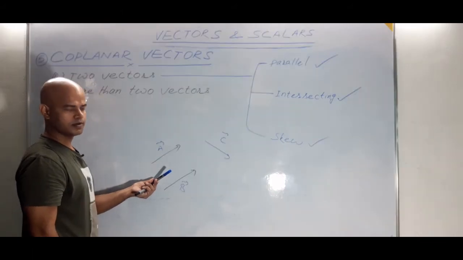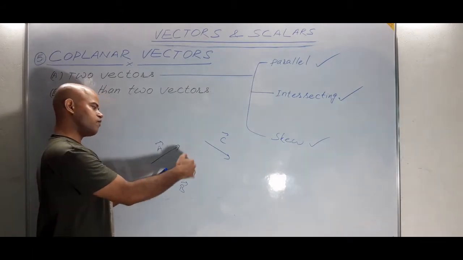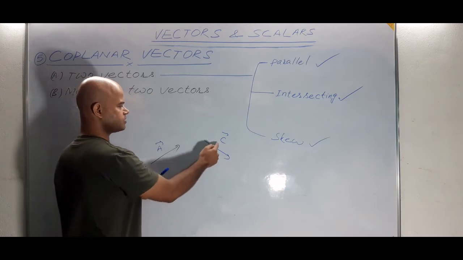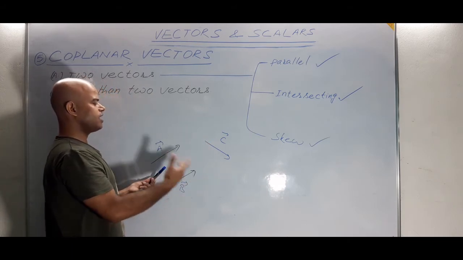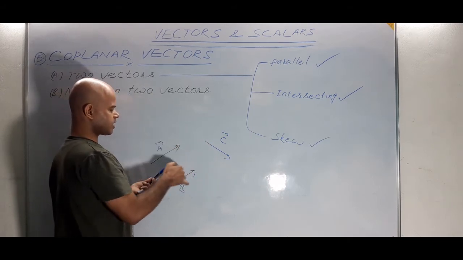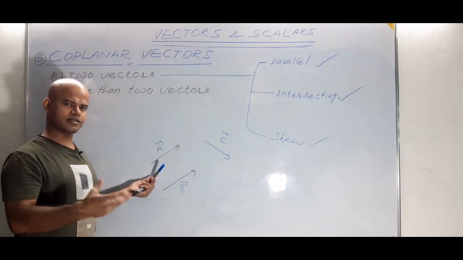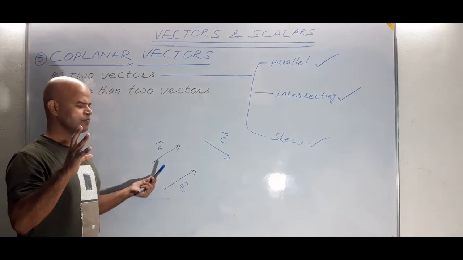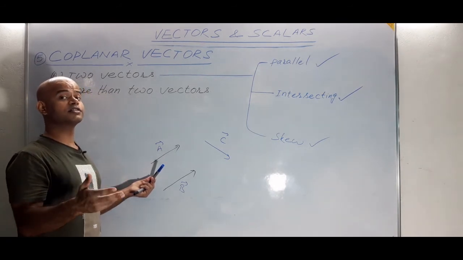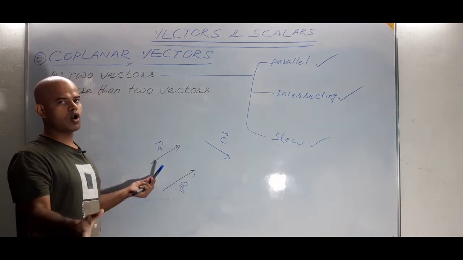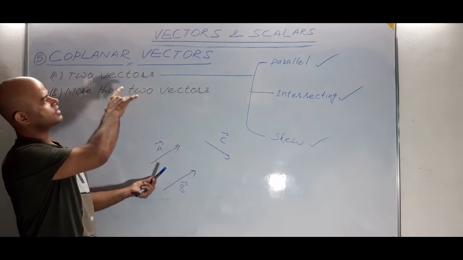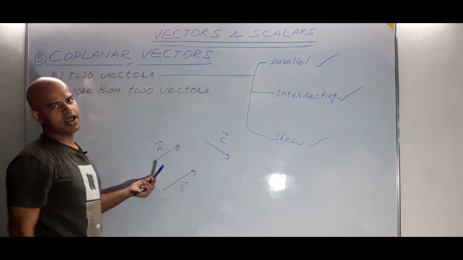In one case we saw A vector, B vector and C vector are coplanar. In another example we saw A vector, B vector and D vector are not coplanar. So for 3 vectors or 4 vectors or 5 vectors and so on, it is possible that vectors may be coplanar, may not be coplanar. But for 2 vectors, it is always coplanar.